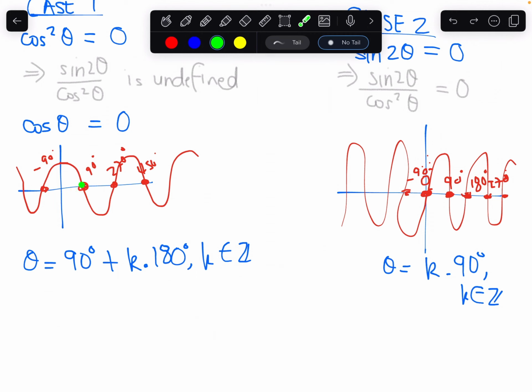This is just 90, and then we skip the 180, and then 270, and then we skip the 360, and then 450, right? Whereas this one is every single multiple of 90. So this is actually the solution that contains this one. So we don't have to have this and this. This also covers this one. So the final solution will be theta is any multiple of 90, which makes sense, right?